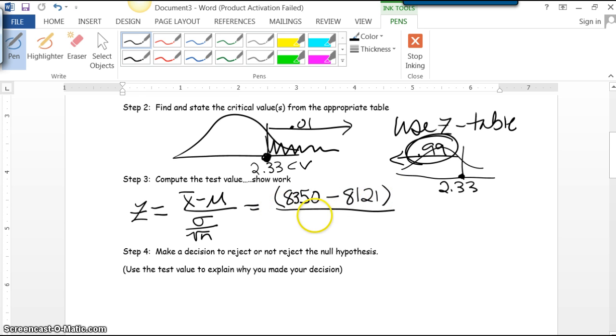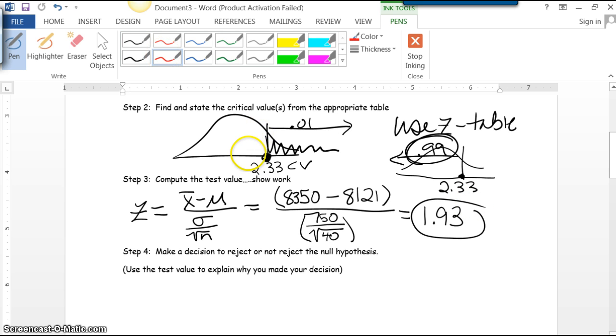The denominator has the standard deviation, which was 750, over the square root of the sample size, and the sample size was 40, so the denominator will be 750 over the square root of 40. Putting that in our calculator, our test value is 1.93.